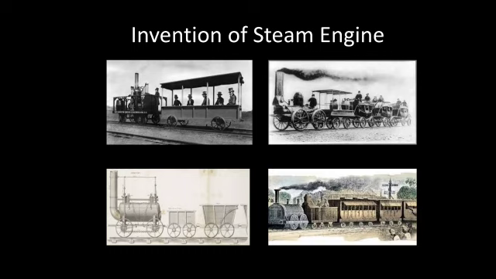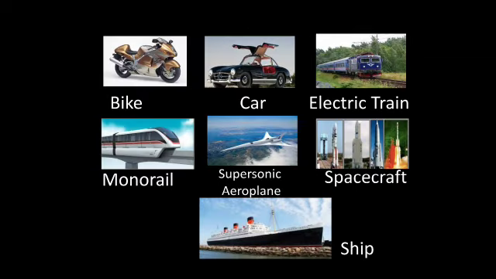After this, people started developing automobiles such as motor cars, trucks and buses, also motorized boats and ships, etc. Now see these pictures. These are the modern modes of transport, which are the contribution of the 20th century. The improved bikes, improved cars, electric trains, monorails, supersonic aeroplanes, spacecraft, ships and many more, right?